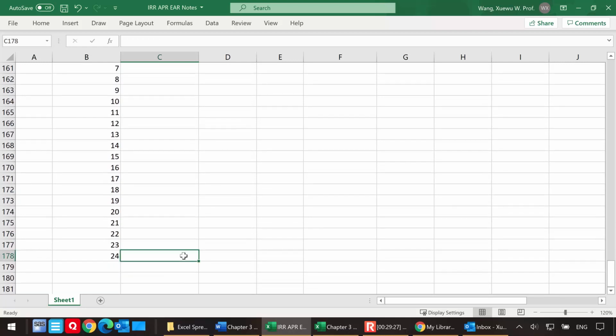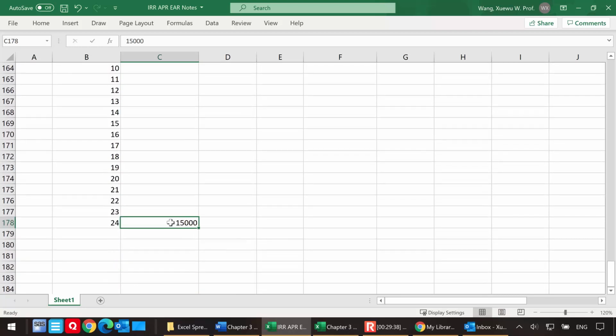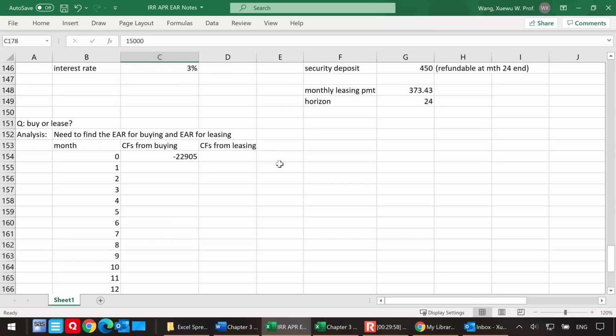So if you buy the car, you can sell it in the market for $15,000. That is the residual value of the car. There is a big cash inflow to you if you buy the car, because at the end of 2 years, you own the car, so you can sell it for 15,000 and pocket that. That's a cash inflow.